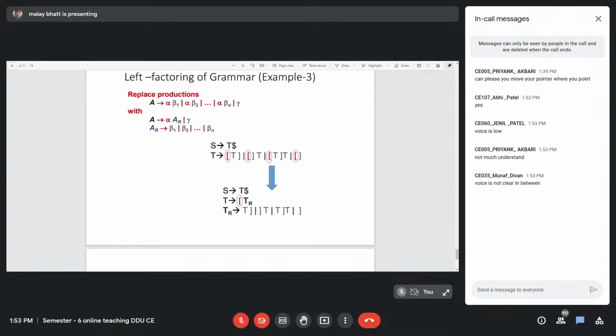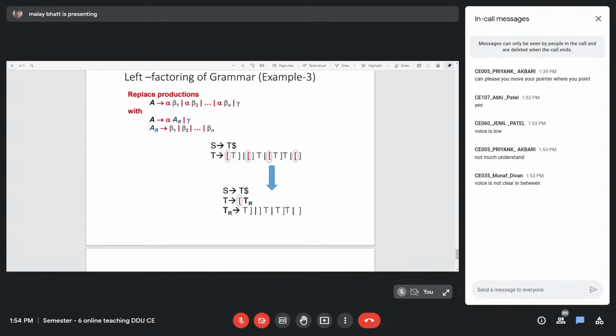There is one more example. We have S gives T dollar. And T gives, within bracket, T, or opening bracket, closing bracket T, third alternative opening bracket T closing bracket T, and fourth one is opening and closing bracket. If you look at these four different rules, there is no common parameter in S gives TS.